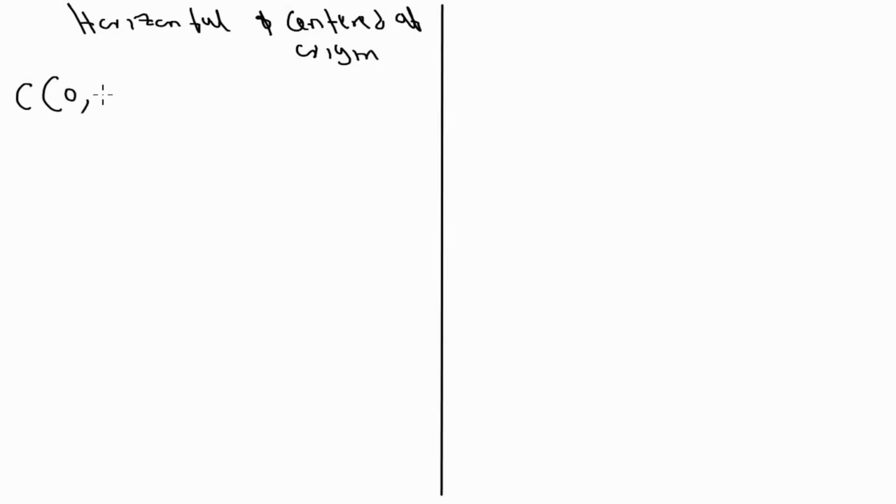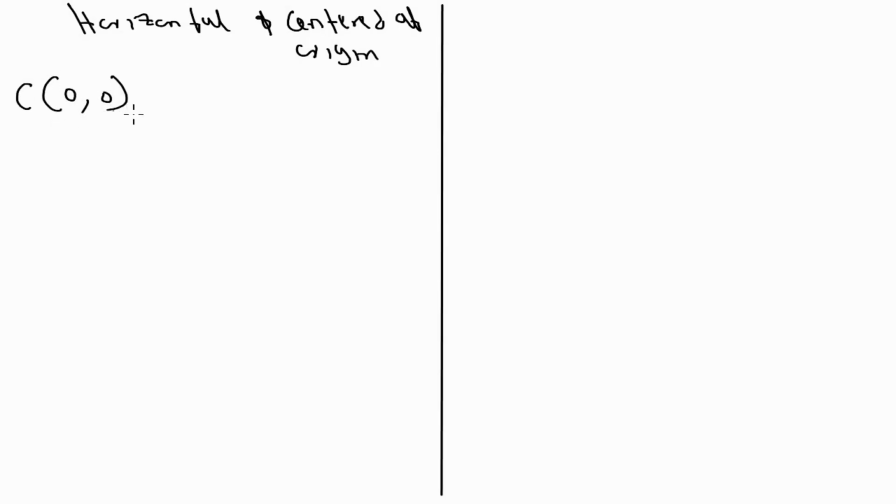So if the ellipse is horizontal and centered at origin, this will be the corresponding values of its properties. The center C will be 0, 0.